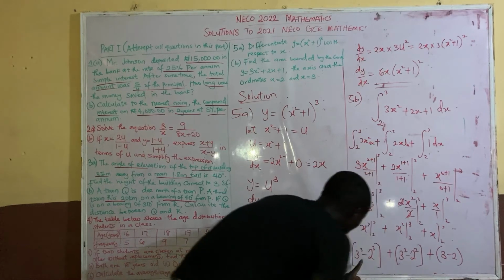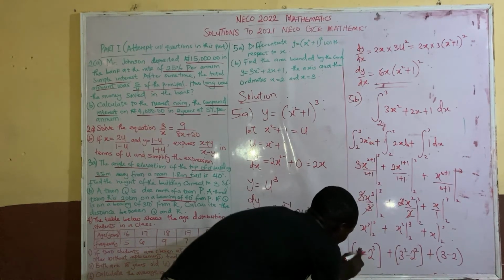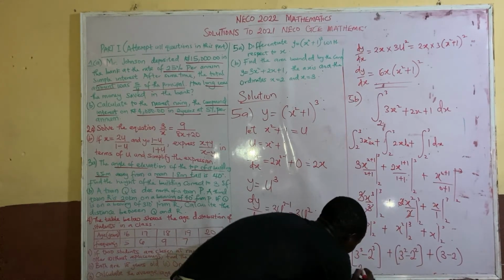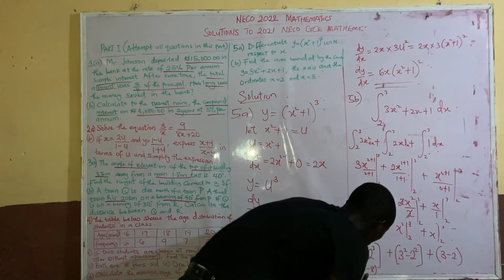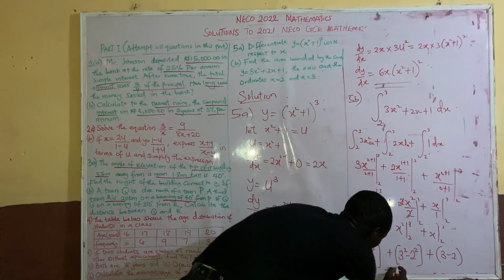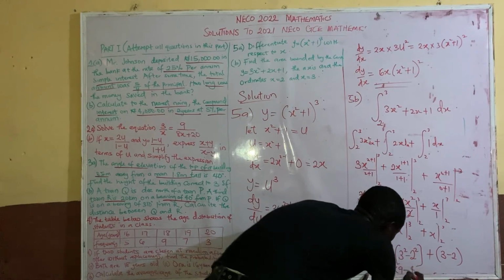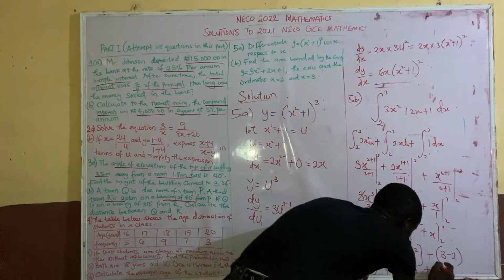So now 3 raised to power 3 is 27 minus 8, plus 9 minus 4, plus 3 minus 2, which is 1.